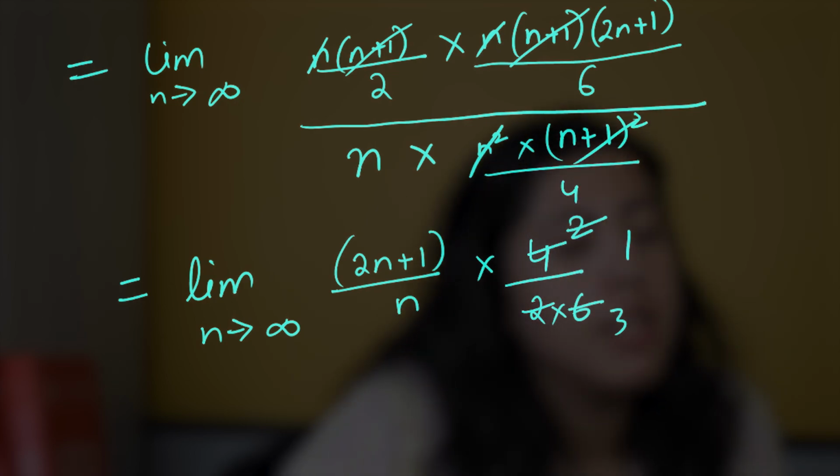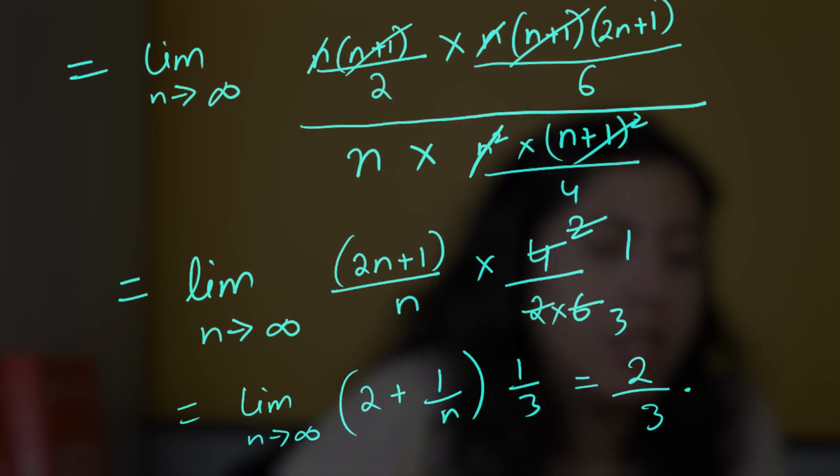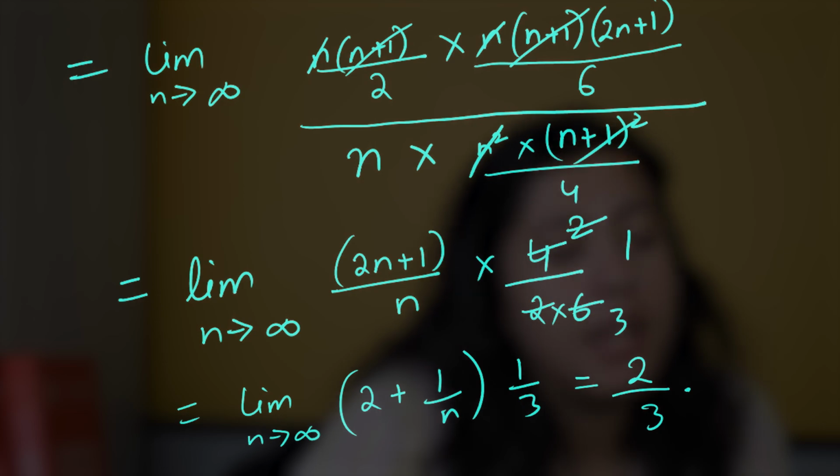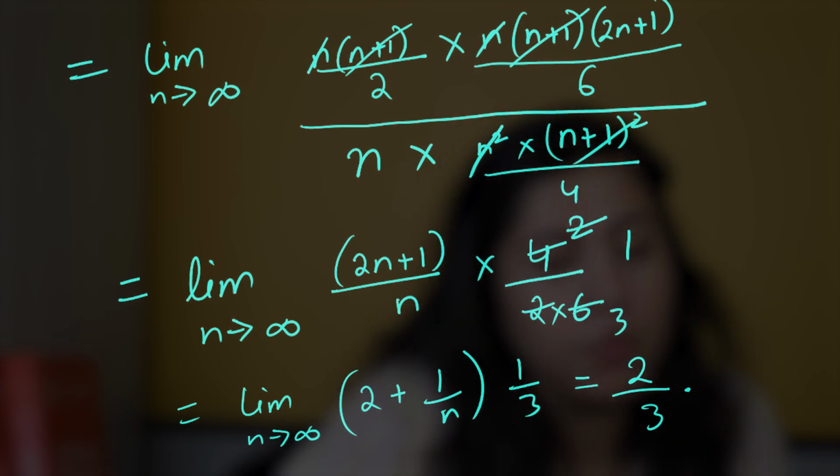And this can be written as limit n tends to infinity of 2 plus 1 by n times 1 by 3. 1 by n, as n tends to infinity, is 0, that leaves us with our answer, 2 by 3.